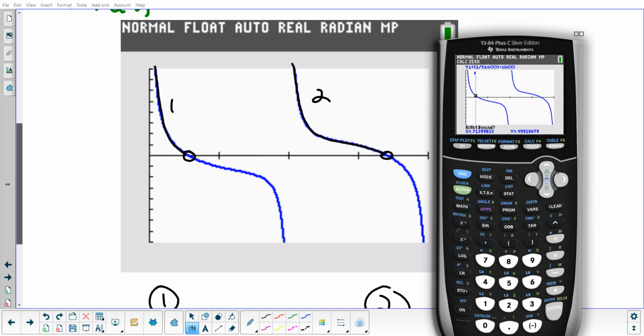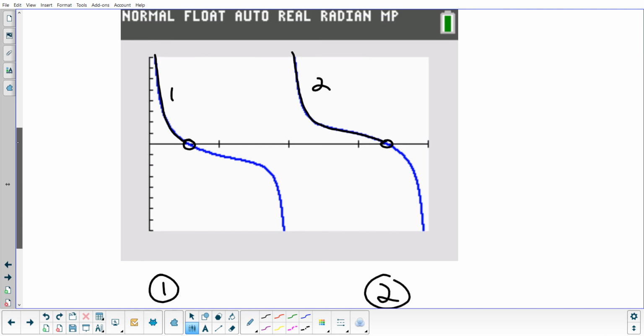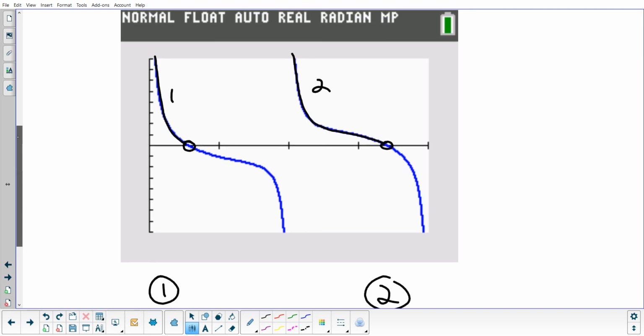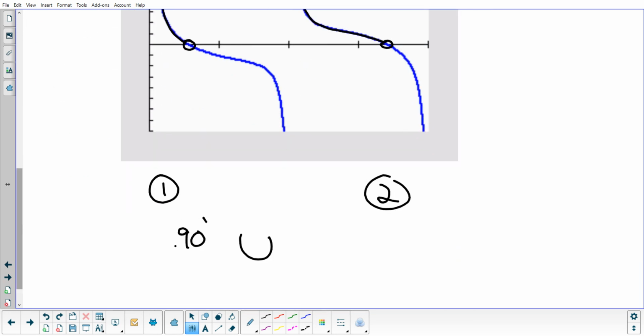All right, so interval 1 stops at 0.90. Including or not including the 0.90? Yeah, not including. It can't equal 0. It has to be greater than 0. So not including.